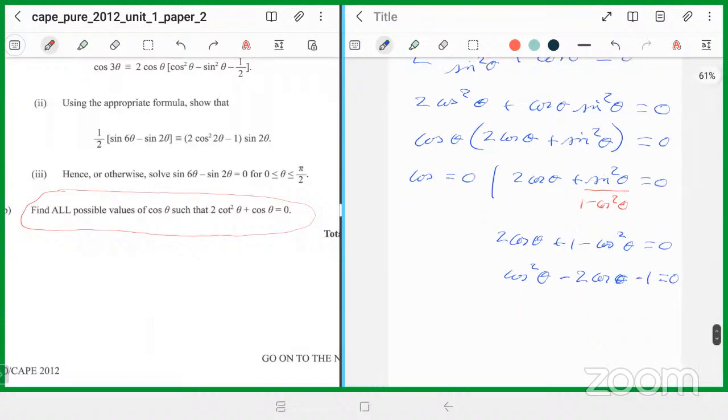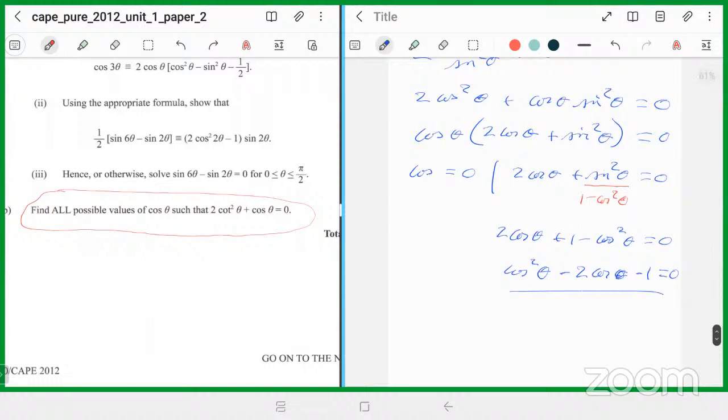This can't factorize, so you're going to use the quadratic formula. So cos theta is going to be minus b, where b is minus 2, which gives a positive 2, plus or minus the square root of b squared, which is 2 squared, minus 4 times a, where a is 1, times c, which is negative 1, all over 2a, where a is 1.